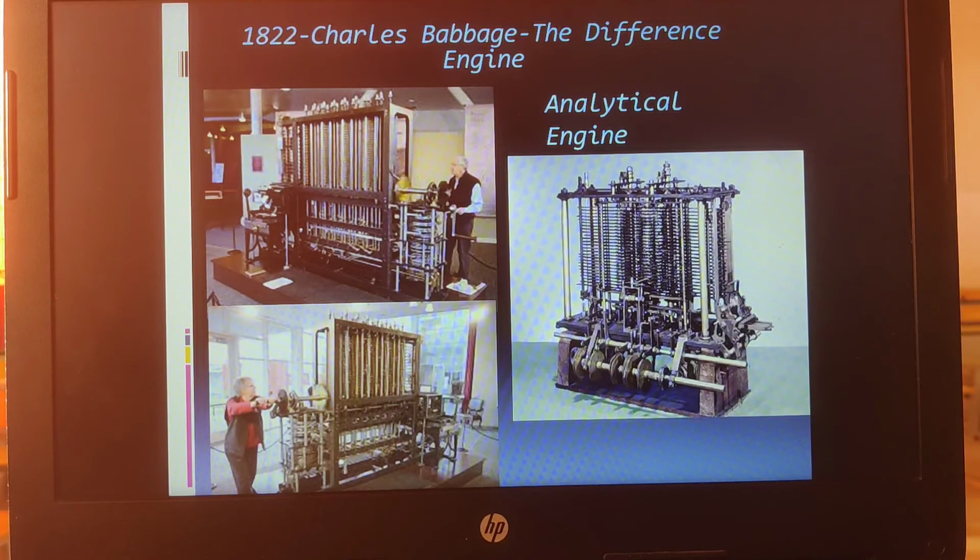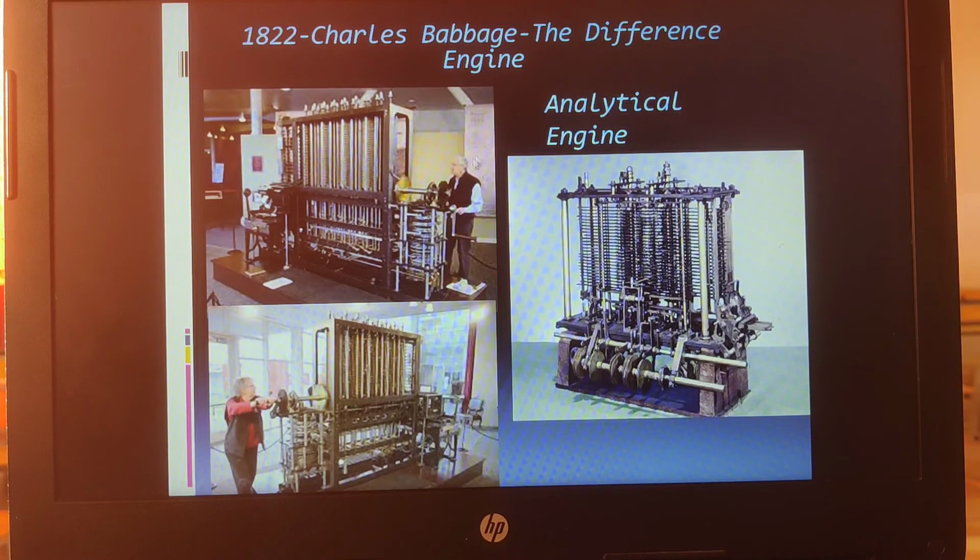I hope you are able to understand. Initially, Charles Babbage developed an automatic calculating machine known as the difference engine. This difference engine was able to perform calculations of differential equations.